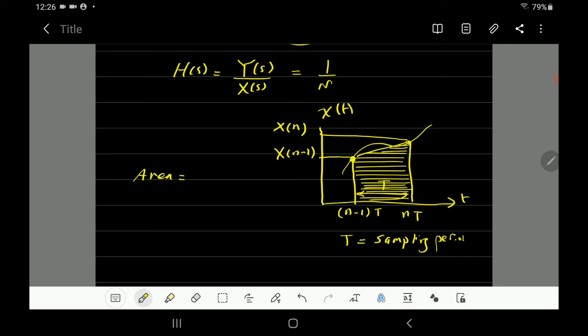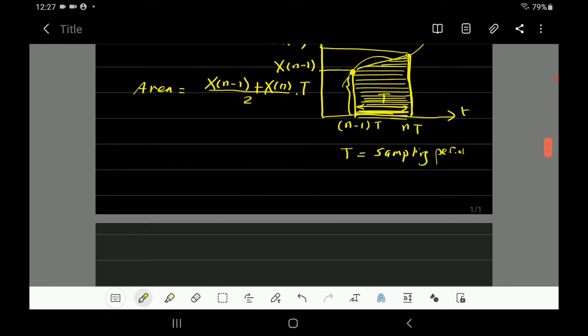One base is x of n minus 1, and the other base is x of n. So you take the average of them, and then multiply by the height, which is T between this point and this point. The difference is equal to T, the sampling period. So this is the area. At the same time, we know the area is equal to the integration, right?